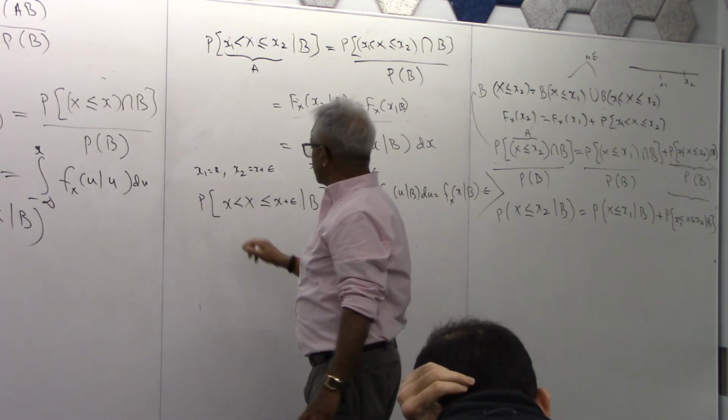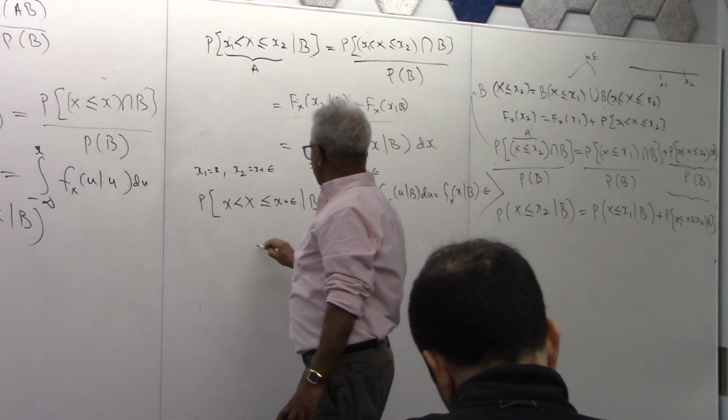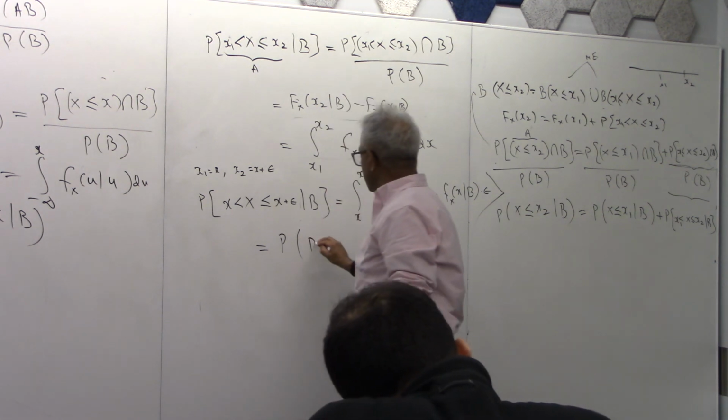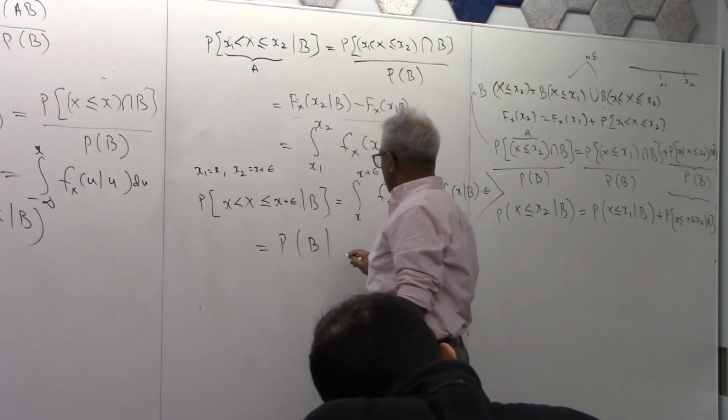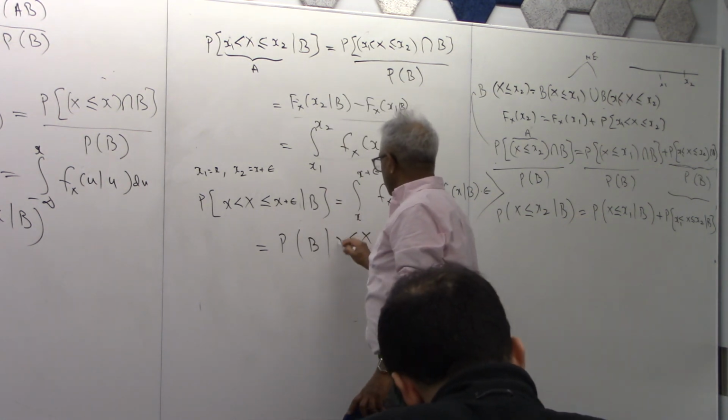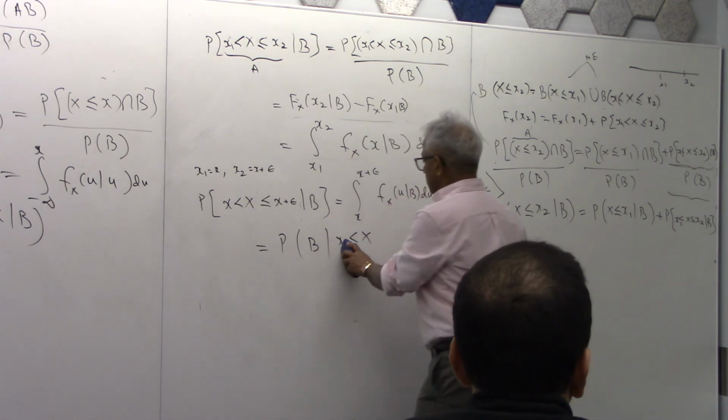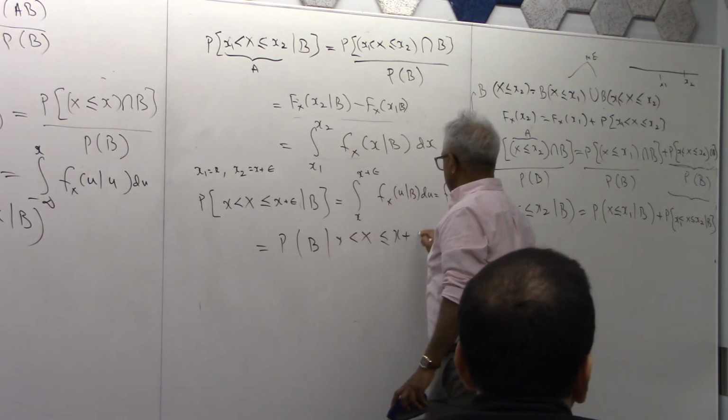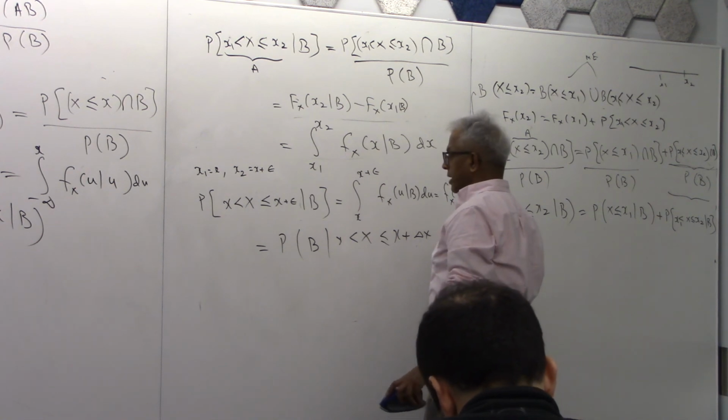On the other hand, this we can also write as B given x between x and x plus delta x. I'm just using Bayes' theorem, right?